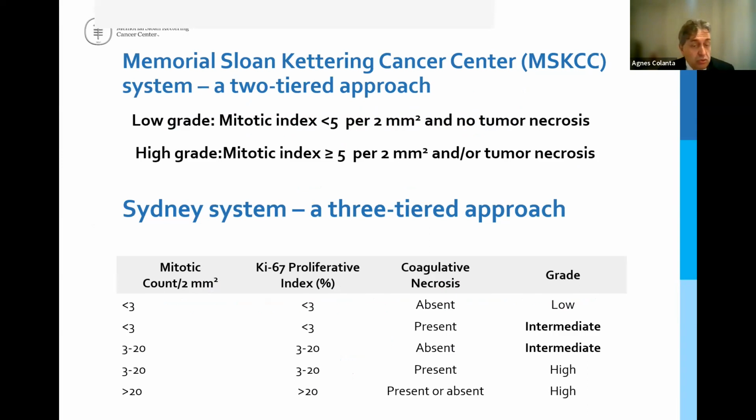You put a tumor in the high-grade category if you have a mitotic index of 5 per 2 square millimeters and/or tumor necrosis. The Sydney system is more sophisticated. It had a three-tiered approach with an intermediate grade that is a combination of low mitotic count and tumor necrosis, as well as high mitotic count without tumor necrosis.